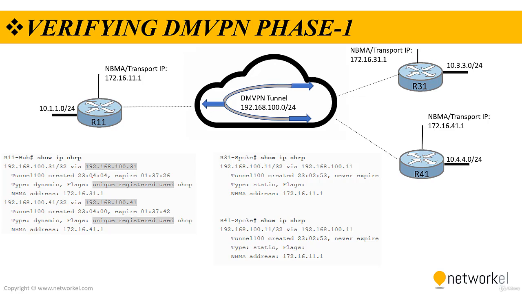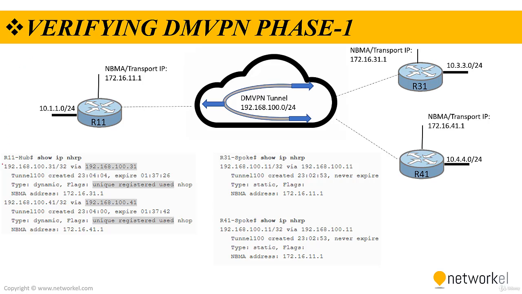In the event that router 31 and router 41 cannot maintain connectivity to router 11's transport IP address, eventually the tunnel mapping will be removed on router 11. The NHRP message flags on router 11 indicate that router 31 and router 41 successfully registered with the unique registration to router 11, and that traffic has recently been forwarded to both routers.